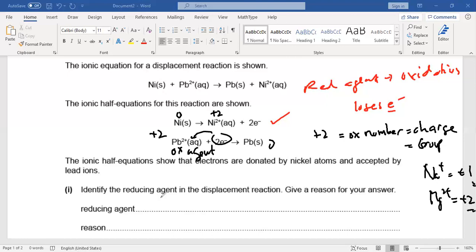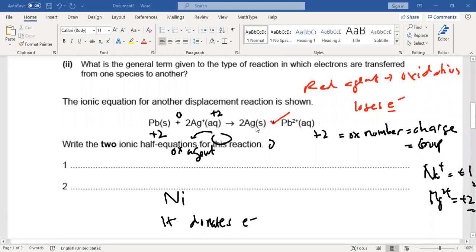So the reducing agent is nickel, not Ni2+, because you transform from nickel to Ni2+. Don't mix up. So Ni is the reducing agent because it donates electrons.